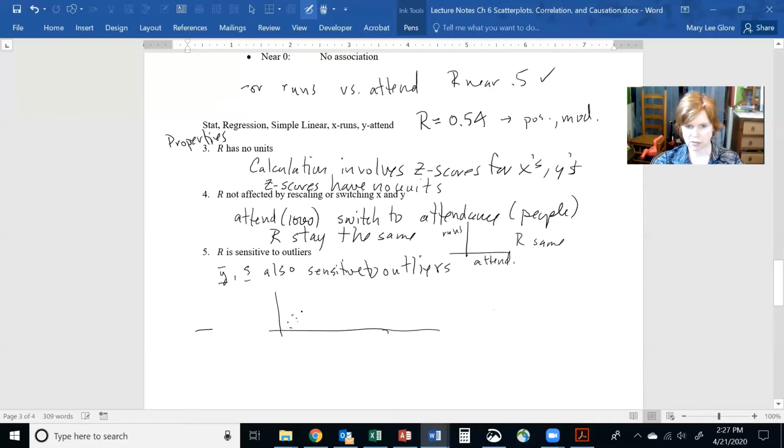So let's say I had some data points that look like that. And I think, oh, maybe it's linear. Well, that could be a moderate linear relationship maybe. And let's say all of a sudden I got one more point and it's right here.